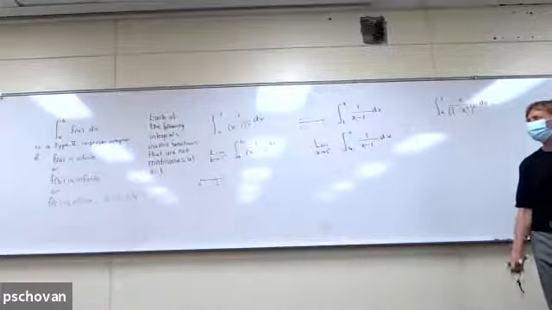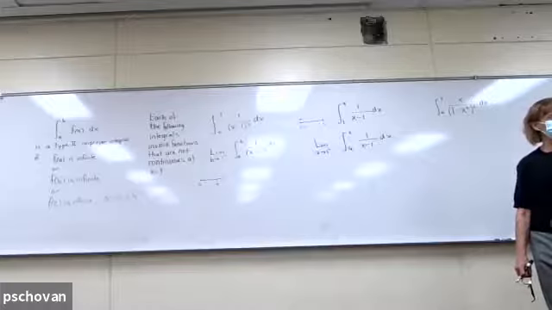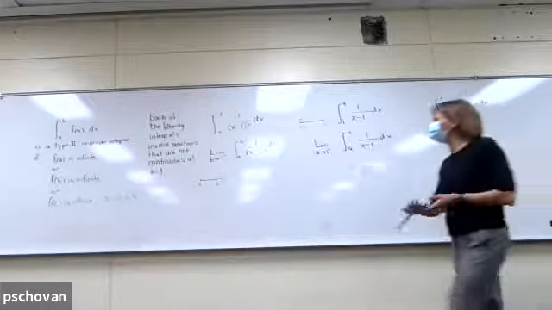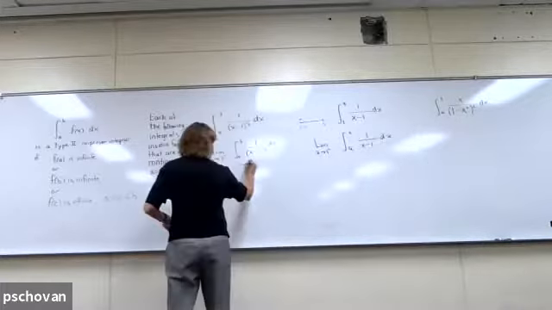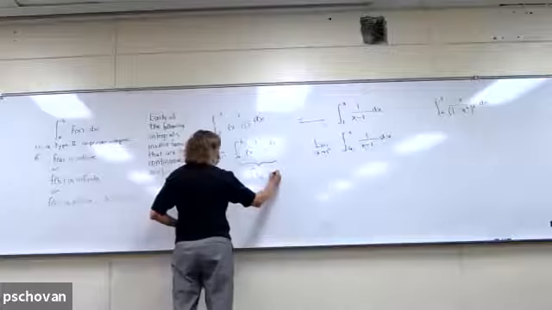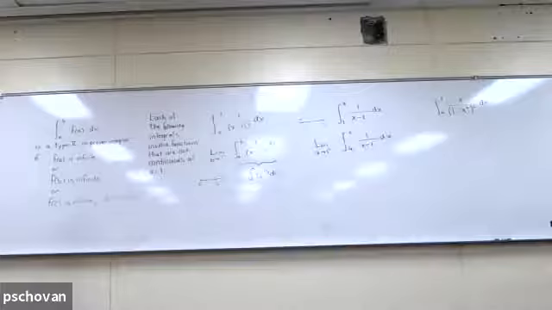Okay, how do you integrate 1 over (x minus 1) to the 1/3? U-substitution: u is x minus 1, du is dx. So I'm integrating u to the negative 1/3. We're doing the power rule. You add 1 to negative 1/3, you get a positive 2/3.